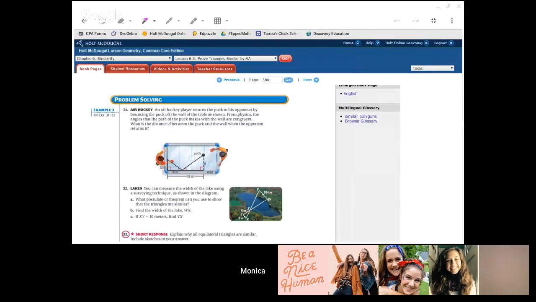So Isabel, on that one, the 3 doesn't cancel out, but the centimeters do. So what we have here is 20 over something. What side corresponds to the 20 on the bigger triangle?